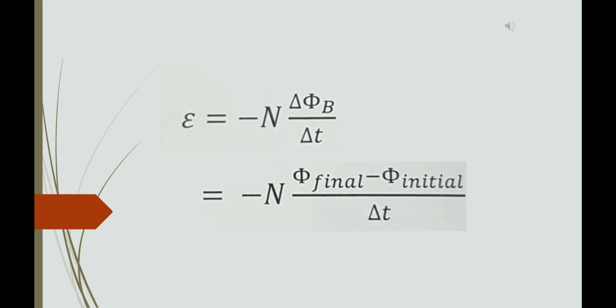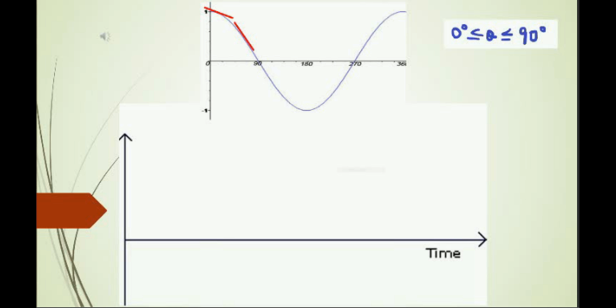If you remember clearly, the EMF formula is given by the change of magnetic flux over time with a negative sign. This means that the negative gradient of the magnetic flux over time graph is actually the value we need to plot the EMF graph. From 0 to 90 degrees, we can see that the value of the gradient is becoming more negative as the slope is tilted downwards in an increasing manner.